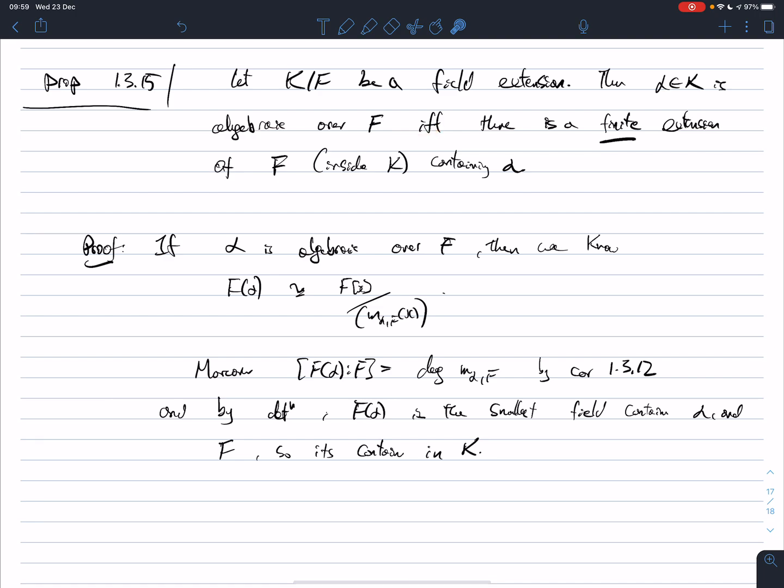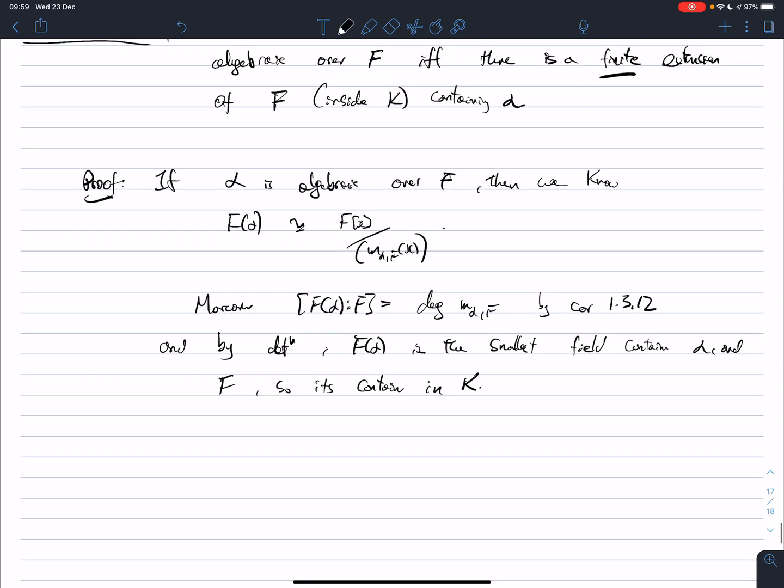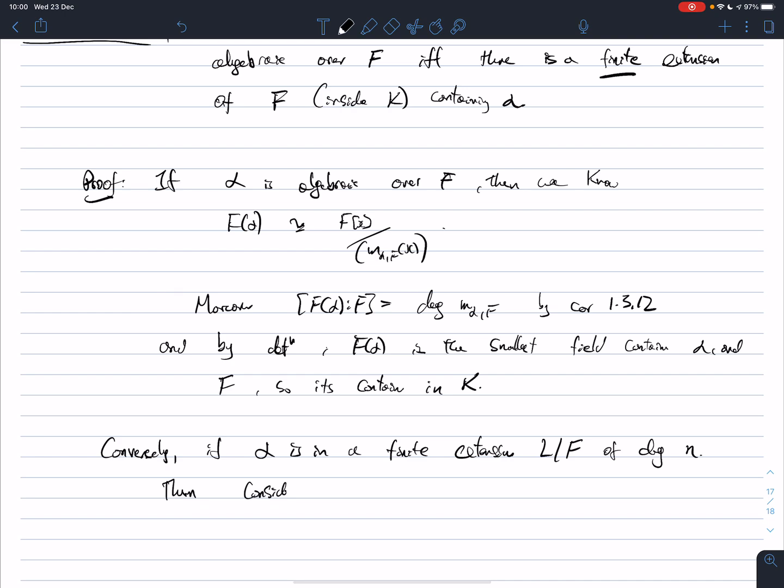So let's do the reverse direction. Conversely, if alpha is in a finite extension, say L over F of degree n, then just consider the elements 1, alpha, alpha squared, all the way up to alpha to the n.